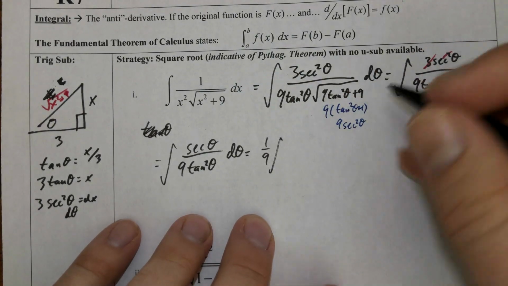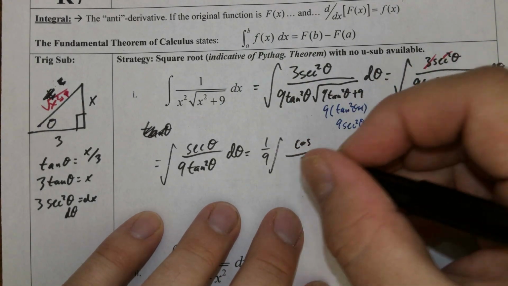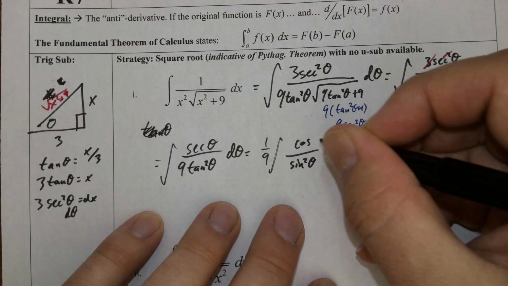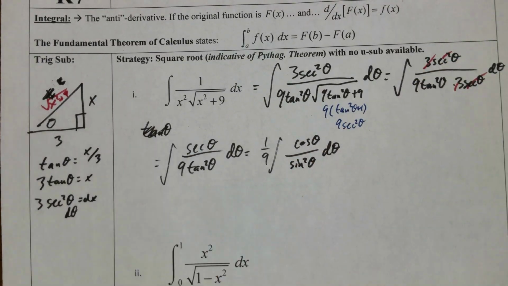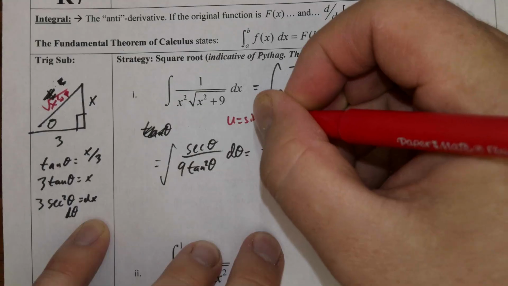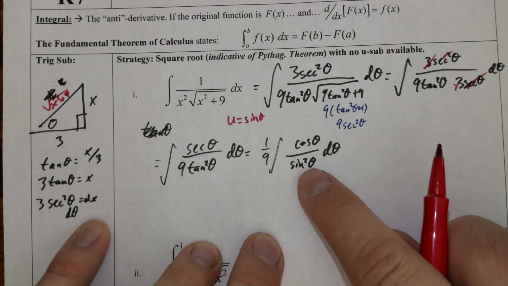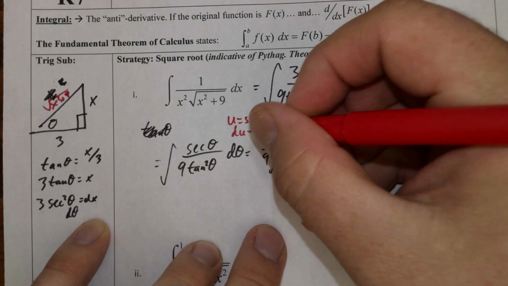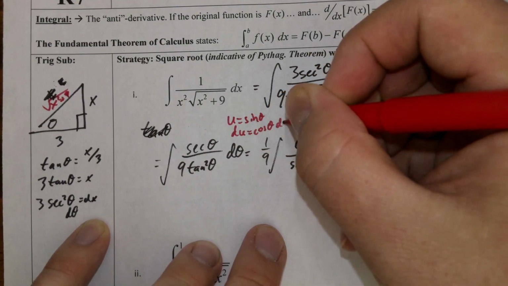I'll pull out the 1/9, and what I'll see is that the secant and tangent reduce just a little bit to set up a nice u substitution, where once again u would be sine because that's my innermost and it's my most complicated, where du would be cosine theta d theta.